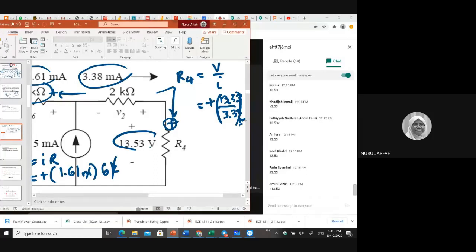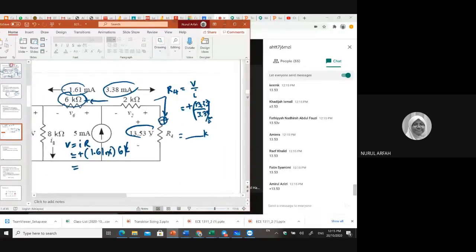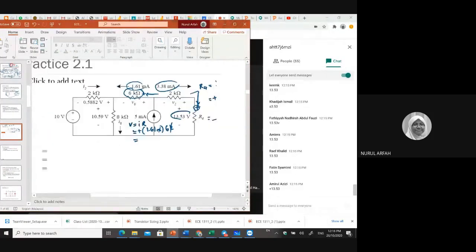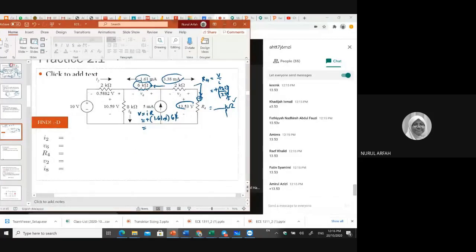Okay, with milli. So if you have milli, then you should have kilo here. Kilo of something. 13.53 divided by 3.38. Kilo of what? Kilo ohms. Do not forget the unit. Unit is ohm. Prefix is kilo. All right, good. Now, next, you have V2.